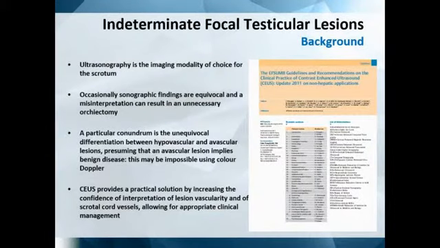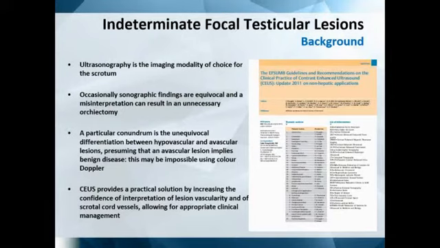Now, we've heard from Professor Gilger how the EFSUM guidelines have been around for quite a few years now, but in these guidelines it very specifically indicates what you should use contrast-enhanced ultrasound for in looking at focal testicular lesions. Ultrasound is the imaging modality of choice for the scrotum, as I said before, but it's those equivocal misinterpretations that you want to avoid, to avoid unnecessary orchidectomy.